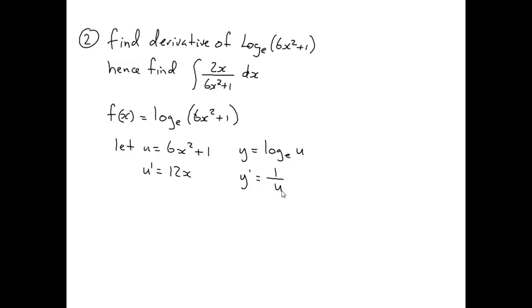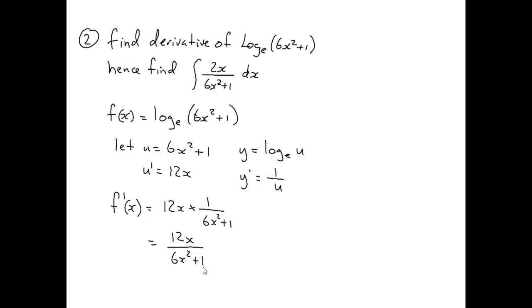Okay, let's put all that together. The derivative equals 12x times 1 on 6x squared plus 1, which is 12x on 6x squared plus 1. Okay, there's our derivative. That's part 1.